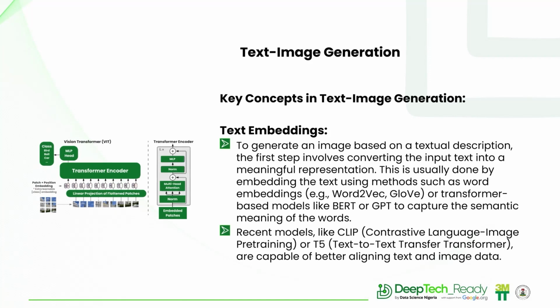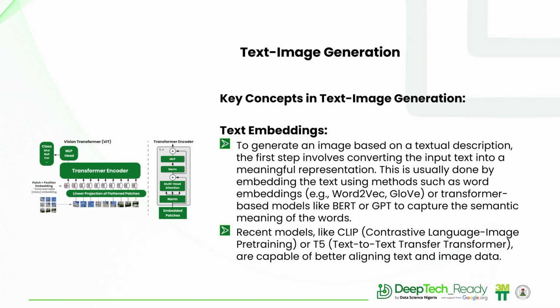So what are the basic concepts when it comes to text to image generation? Now, number one is text embedding, and that's where we are talking about how to encode or embed a text. Now, this deals with generating an image based on textual description. The first step involves converting an input text into a meaningful representation in a vector space.